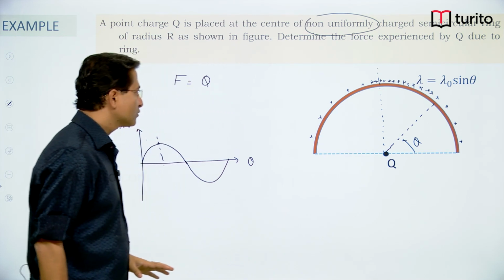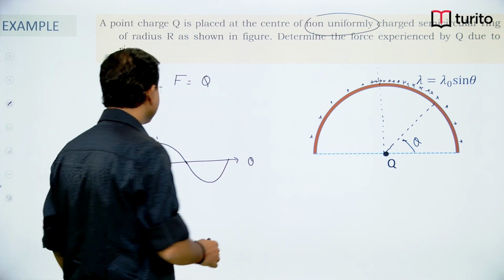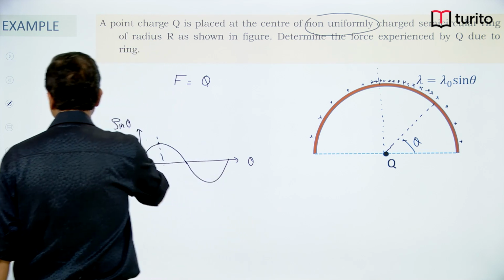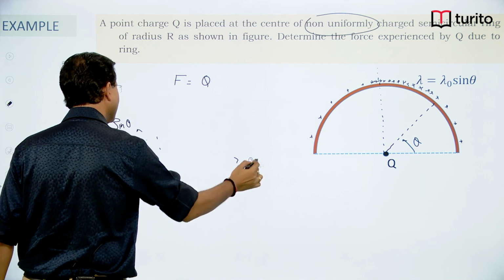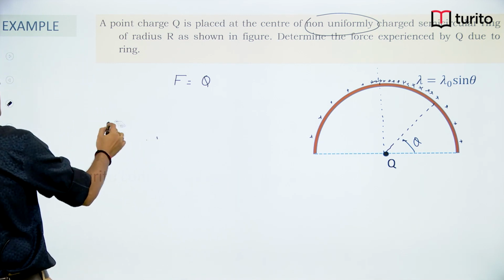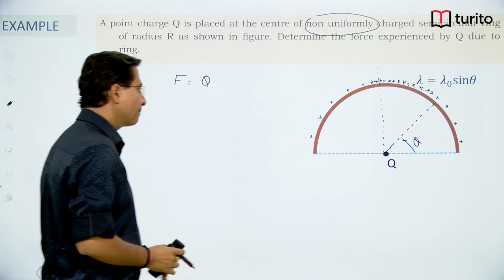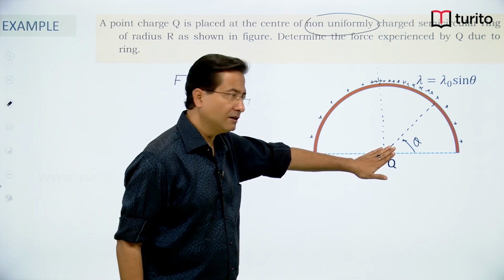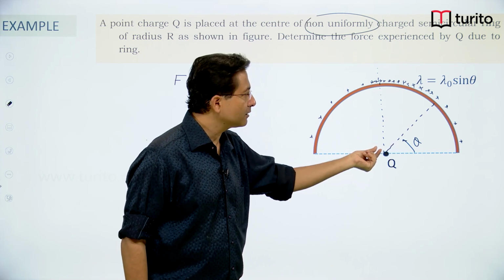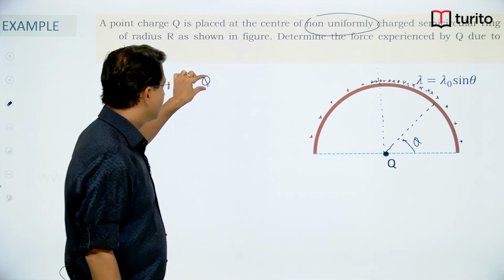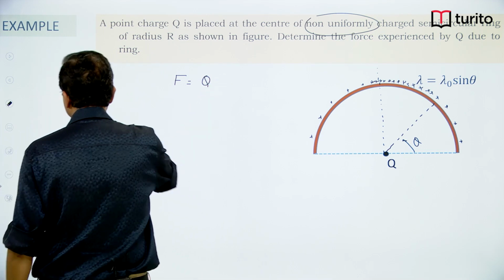So the distribution is non-uniform. Now our approach is, if I can get the field due to this distribution at this particular point, then I just need to multiply the charge by the field produced by the ring.